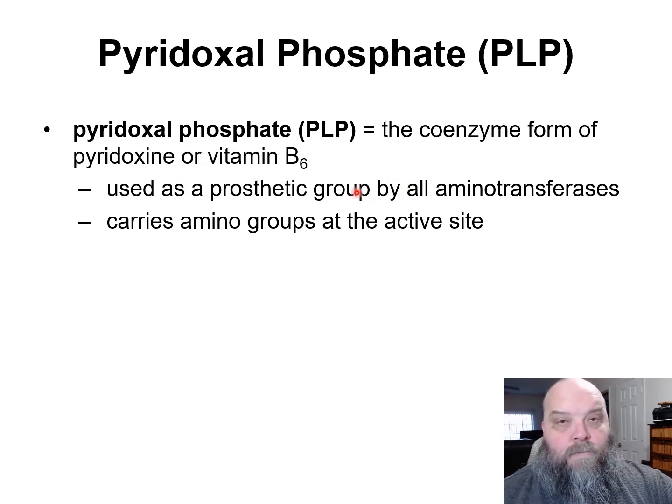It's a prosthetic group with amino transferases. Remember, these prosthetic groups are going to hold all the intermediates in place. So the intermediates may not be interacting with the R groups of the amino acids lining the active site, they will be interacting with these prosthetic groups.